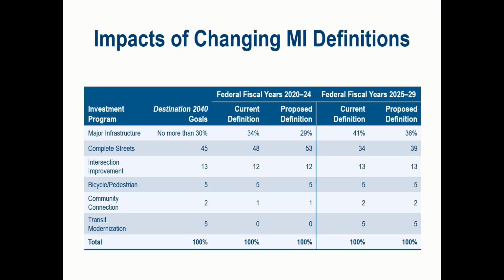But also, I could imagine that you would have a really big project that costs a lot, let's say a big long stretch of road that was a complete street project, and it would cost more than 50 million, and I would still like it to be categorized as complete streets.